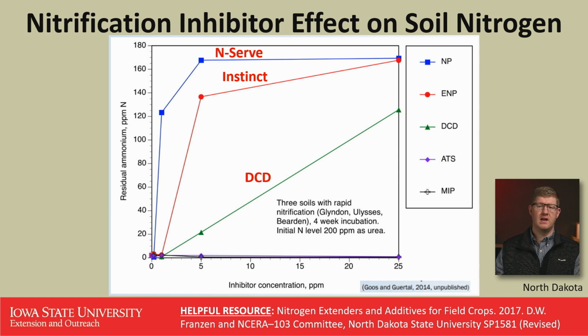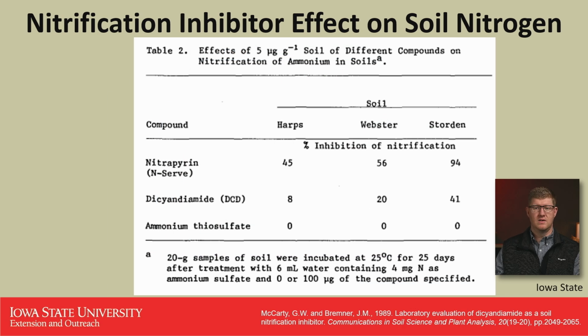I think the takeaway here is that yes, DCD and nitrapyrin both provide some level of inhibition of nitrification, but it's pretty clear, and you'll see this as we move throughout the presentation, that DCD is, in general, less effective than nitrapyrin products. This again is looking at how well these inhibitors protect ammonium in the soil.